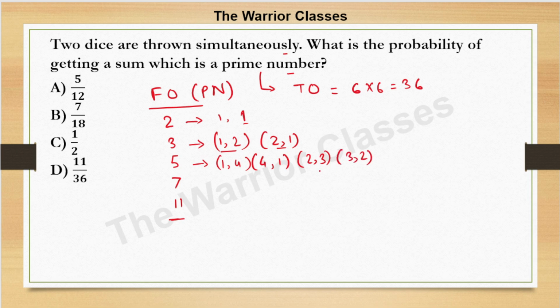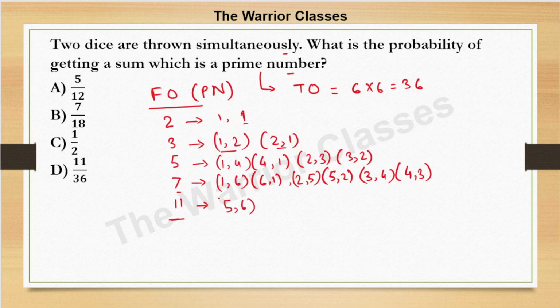There are no other options for 5. Now for 7, 1 and 6, right? And if we reverse it, it is 6 and 1, then 2 and 5 or 5 and 2, then 3 and 4 or 4 and 3. There are no other options for 7. Now for 11, it is 5 and 6 or 6 and 5, right?